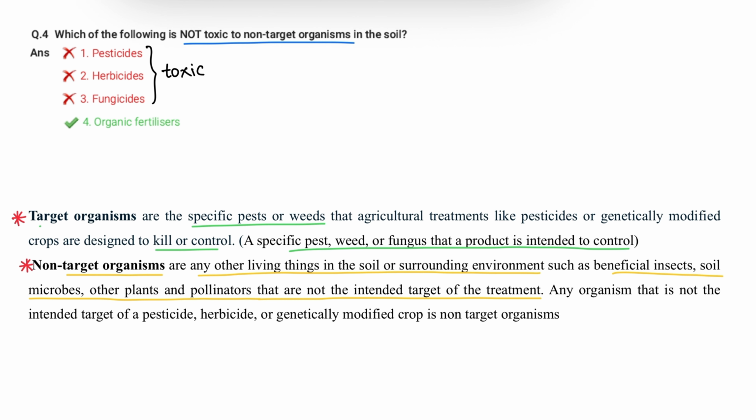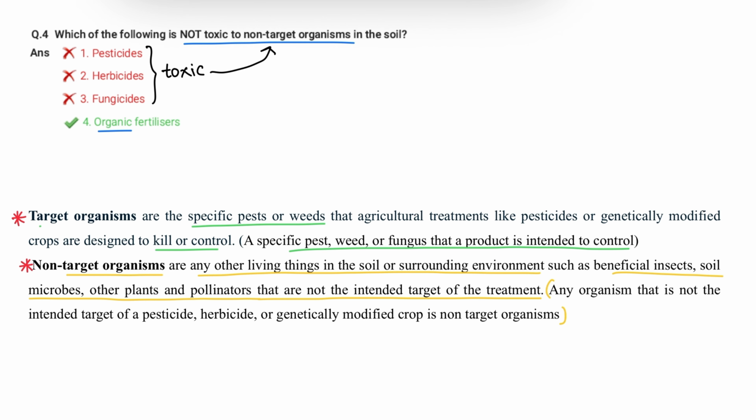Any organism that is not the intended target of the pesticides, herbicides or genetically modified crop is a non-target organism. So from the given options, pesticides, herbicides, and fungicides are toxic to target organisms. Only the organic fertilizers are not toxic to the non-target organisms.